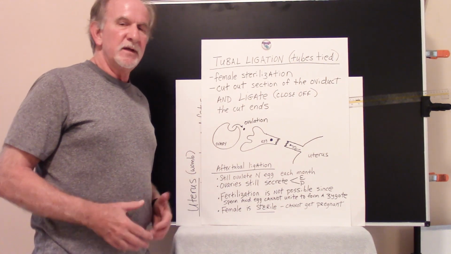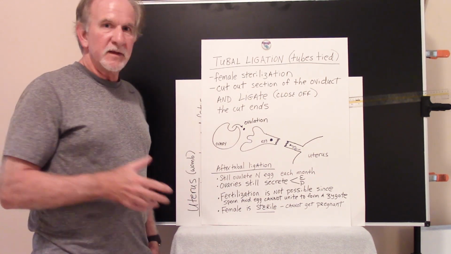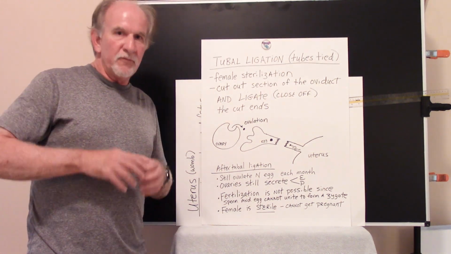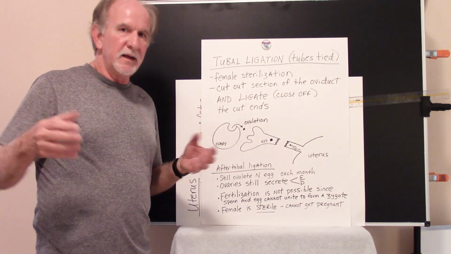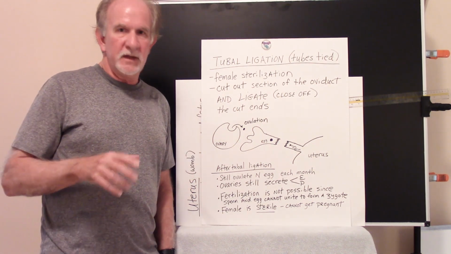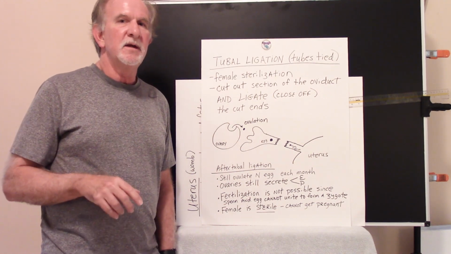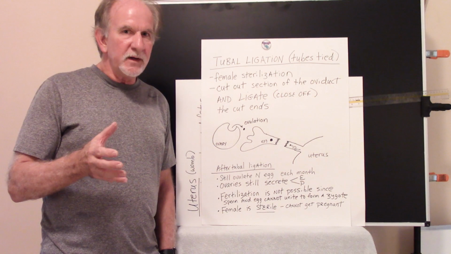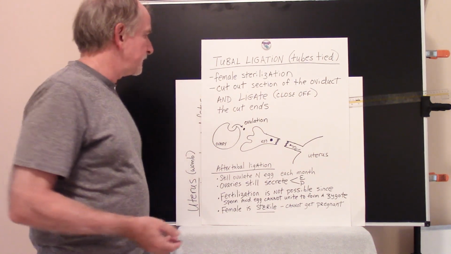A vasectomy is a male sterilization procedure that prevents sperm cells from getting through the vas deferens, which has been cut and cauterized, to incorporate into semen. So when a guy ejaculates semen after a vasectomy, the semen has the 3 solutions from the accessory glands, but no sperm cells.